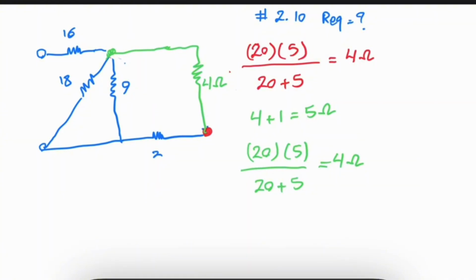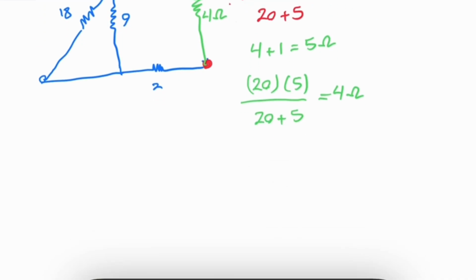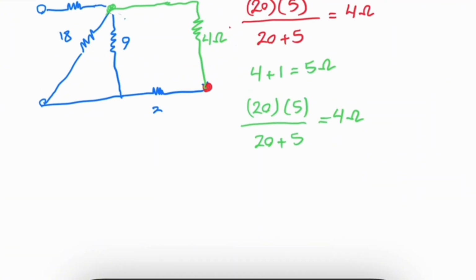Now if you look at this one, you can see that the 4 ohm resistor with the 2 ohm resistor, they are in series because they are using only one common node. Therefore what can I say? I can say that these two are in series.